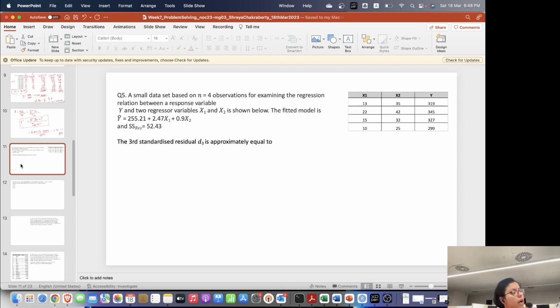So do you remember how we can calculate standardized residuals? What was the formula?